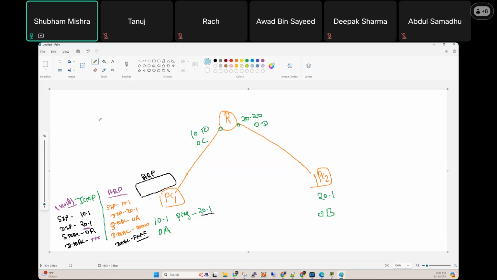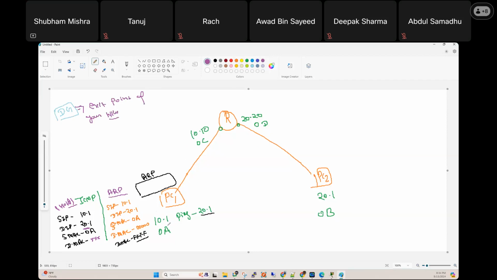Before this, first of all, we need to understand one thing that is called default gateway. What do you mean by default gateway? Everyone, please focus very carefully. Default gateway means the exit point of your network.